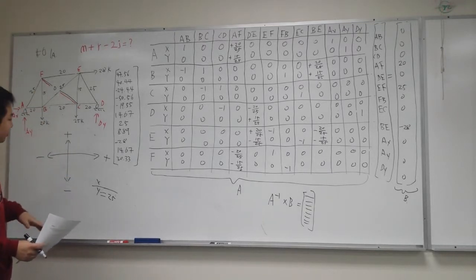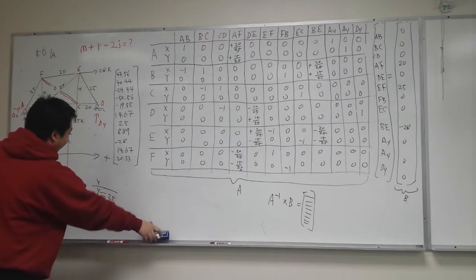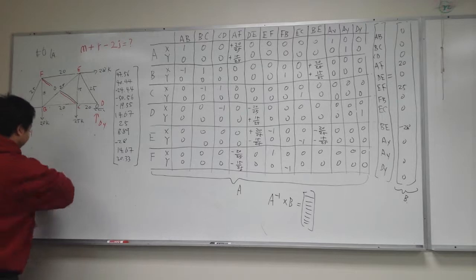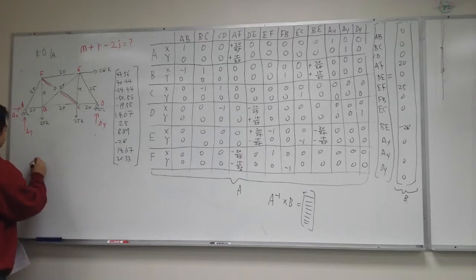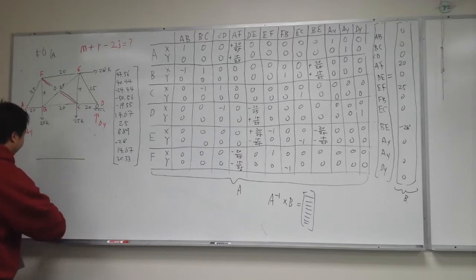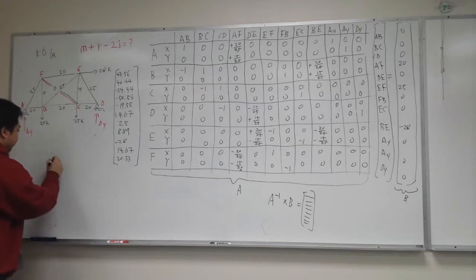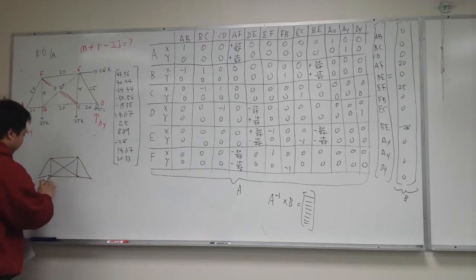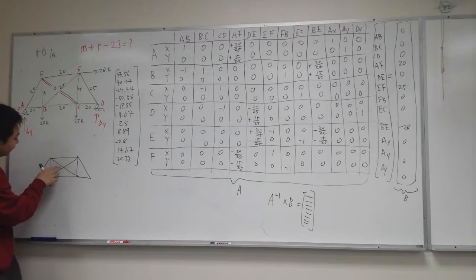So next one, because you make it as your redundant, you're going to use the unit load. So you're going to have another matrix. So you put this, because you remove this one.